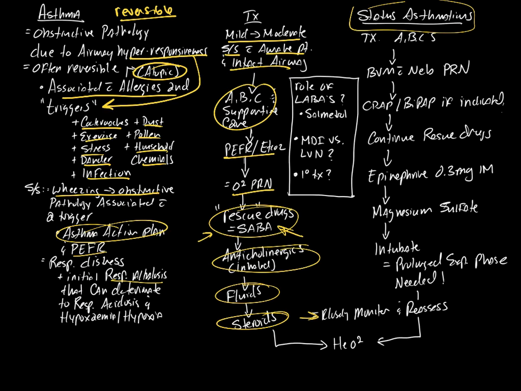How many times have they been in the hospital? If they've been in the hospital more than once a month, that's problematic, right? If they've had to go to the ER more than once a month, that's problematic. If they're using more than one of their MDIs a week, that's problematic. If they have a history of intubation, that's problematic, right? So these are questions you want to be asking.